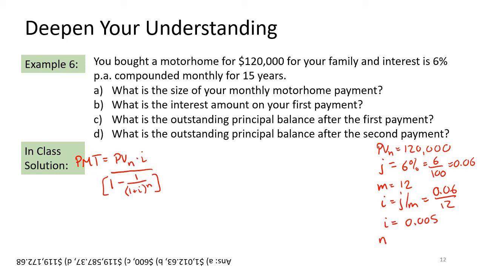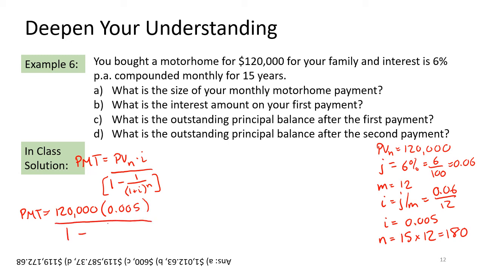Lastly, your total number of payments, N. In this case, we're paying for 15 years, and you have 12 payments a year, and that gives you a value of 180. So if I substitute all these values in, your payment is equal to your present value, 120,000, multiplied by the periodic interest rate, 0.005, divided by 1 minus 1 divided by 1 plus 0.005 to the exponent 180.